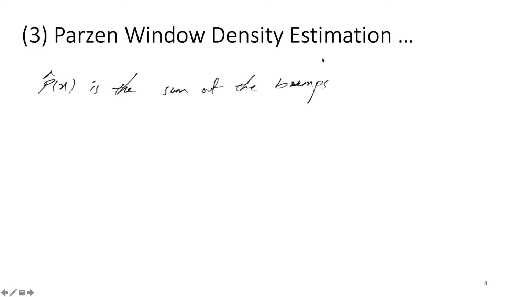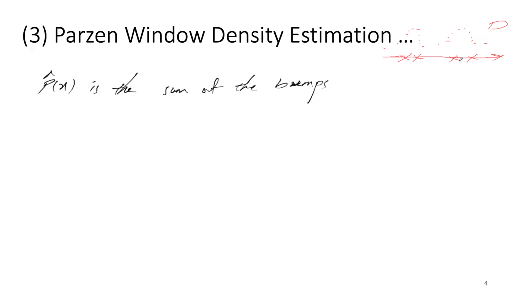So P hat of X here refers to the estimate of the density we want to have given certain x's, right? So suppose in 1D you have some x's that come from your data set D, and you want to find an estimate for these values.